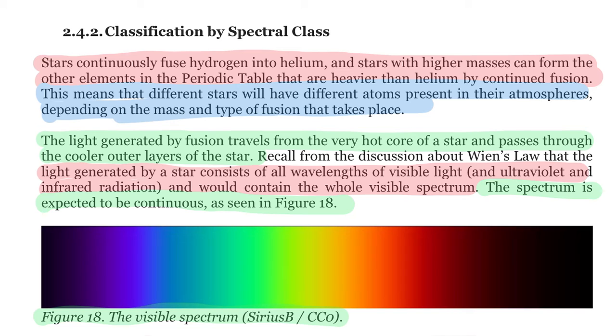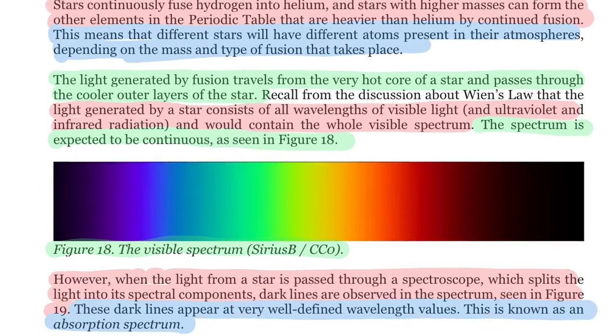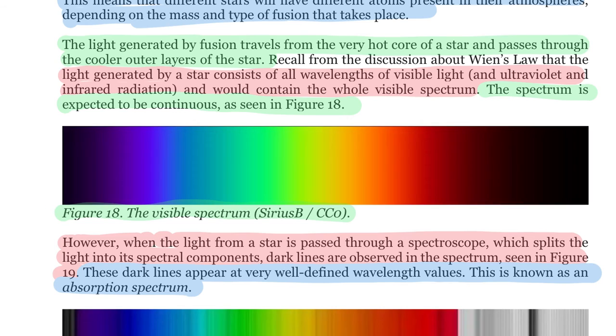Now, when we look at the light that comes from a star like our sun, we expect to see a continuous spectrum, as is shown here, starting on the red side. So this would be infrared, red, orange, yellow, green, blue, indigo, violet, and then obviously ultraviolet. Because stars are plasmas, they're going to emit all the various frequencies of light.